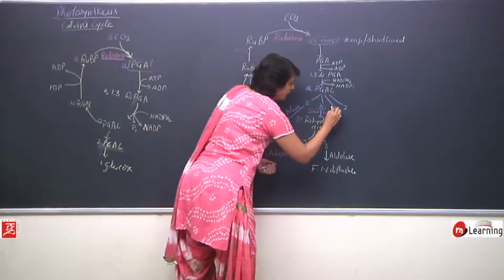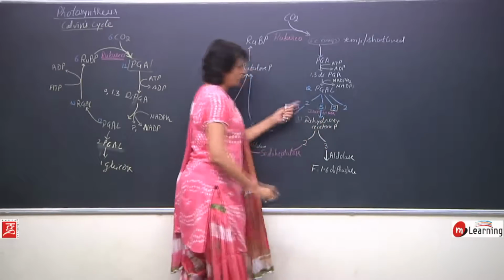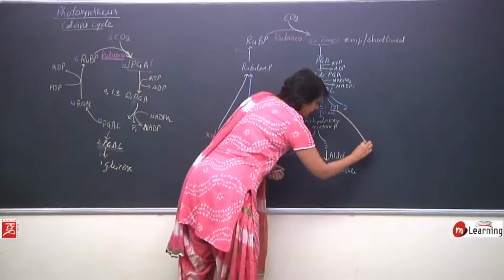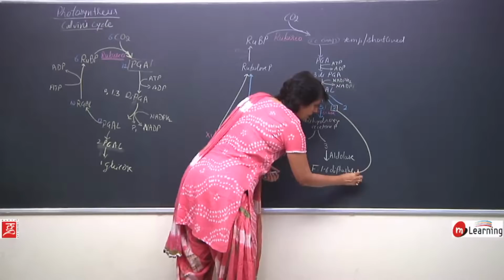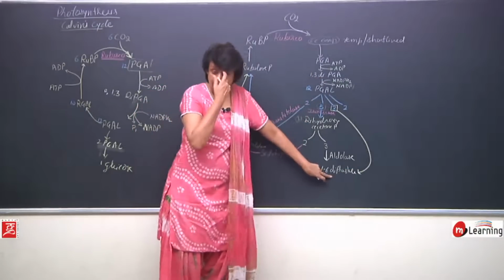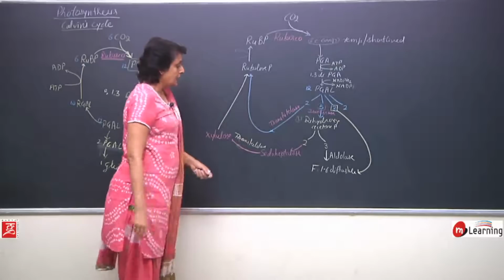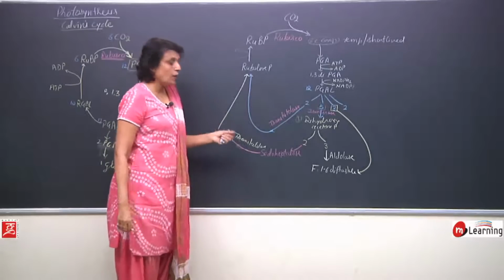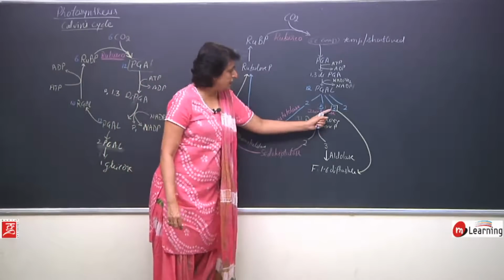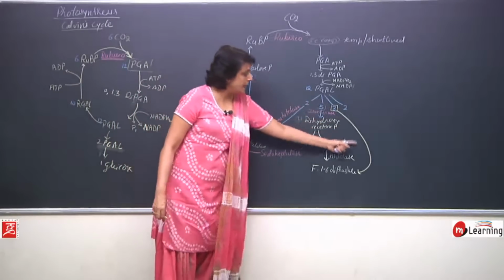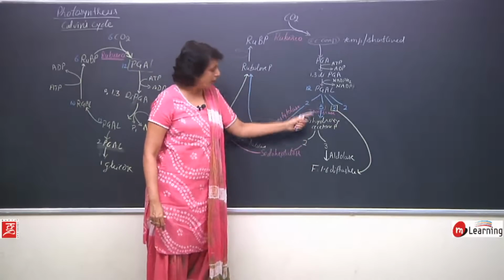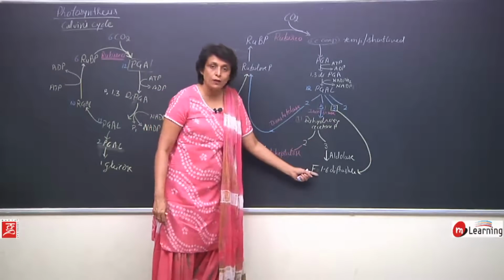These 3 phosphoglyceraldehyde molecules straight away form fructose 1,6-bisphosphate. So now how many molecules have changed into fructose 1,6-bisphosphate? 3 phosphoglyceraldehyde molecules straight away through one pathway, and out of these 5, 3 again through aldolation.